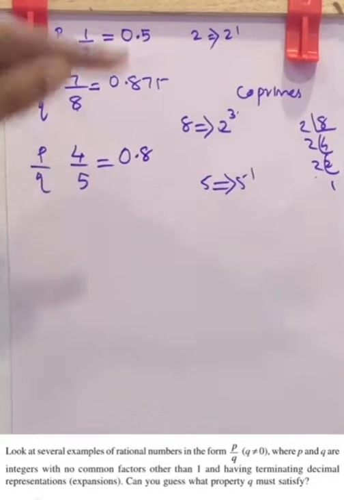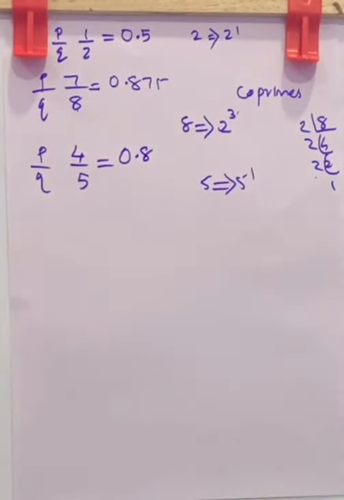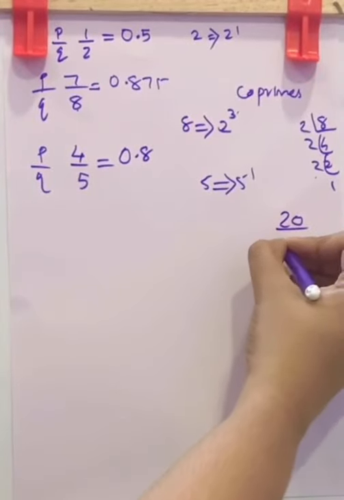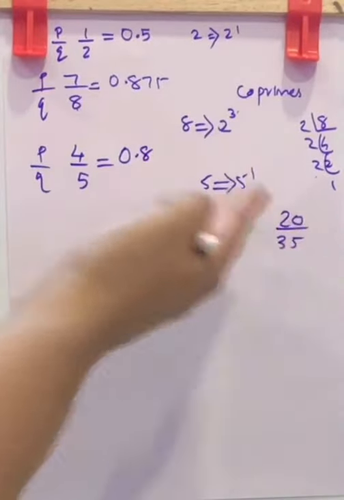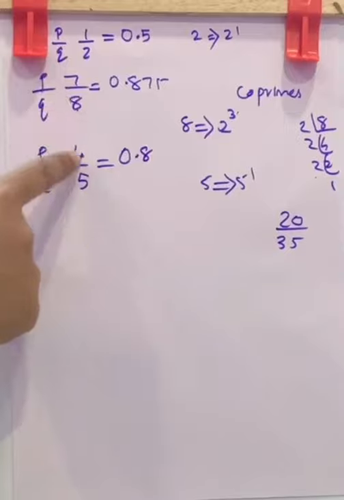Then only we can say about Q. If it is not least form, this is not going to satisfy. So be sure that they are in the least form. We cannot consider P by Qs where it is not least form.